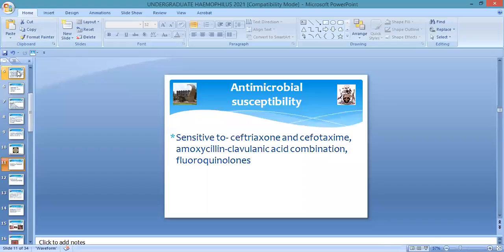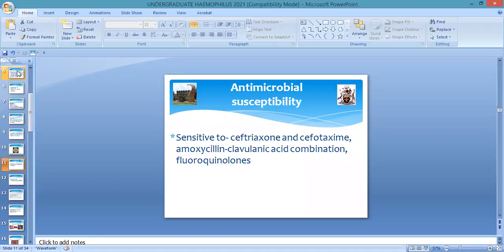So in this case, you can use a combination therapy where you combine amoxicillin plus clavulanic acid, because we know clavulanic acid is a beta-lactamase inhibitor. So it will inhibit the beta-lactamase enzyme. It's been shown to work. Alternatively, you can also go for the third generation cephalosporins. That will also work in this case.